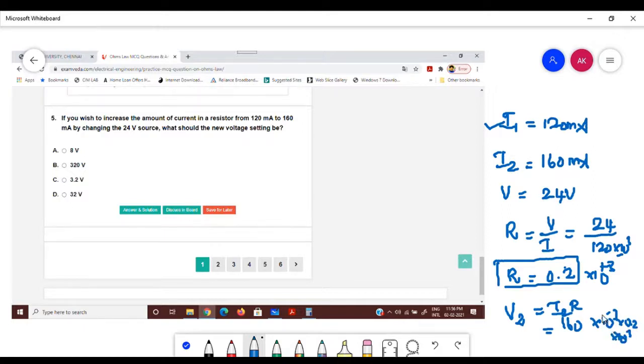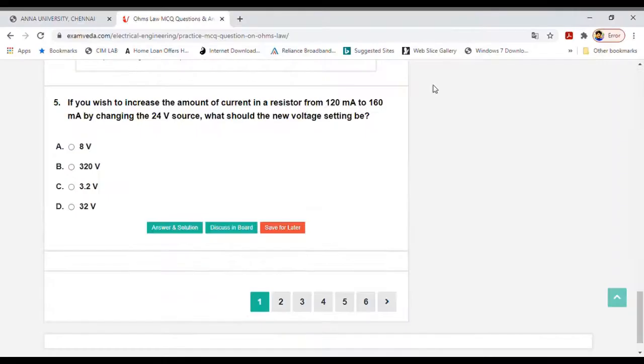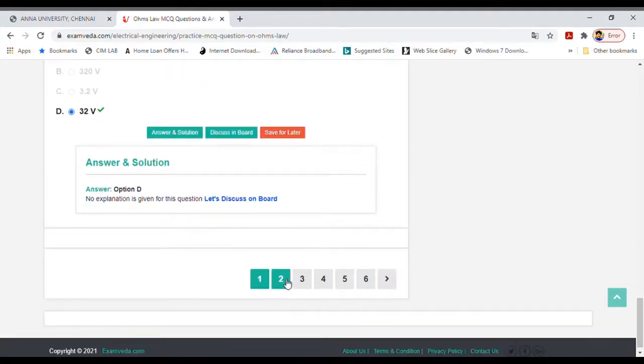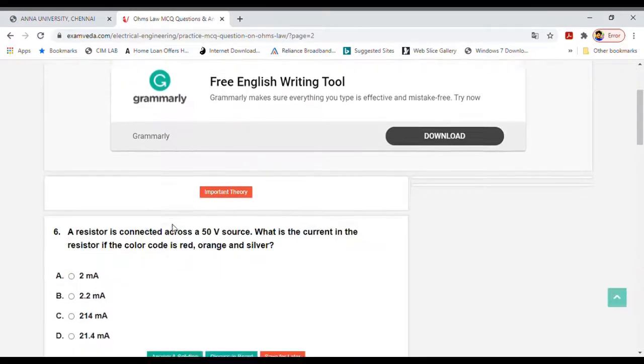The 10 to the power 3 and 10 to the power minus 3 get cancelled. So 160 into 0.2, what is the value? I had checked already, but just to give you knowledge about it, I am doing it. It is 32, so our answer must be 32. Let us check with the web page now. If I give the answer as 32, the solution is right, option D. Similarly, you could check the remaining questions.